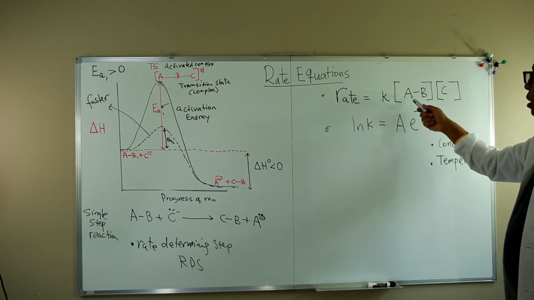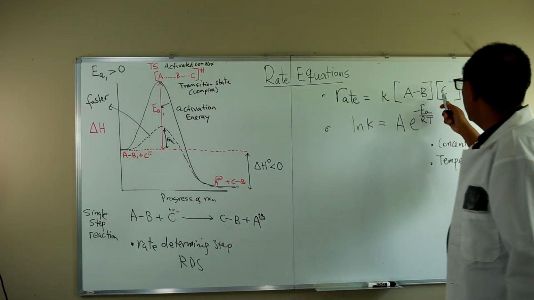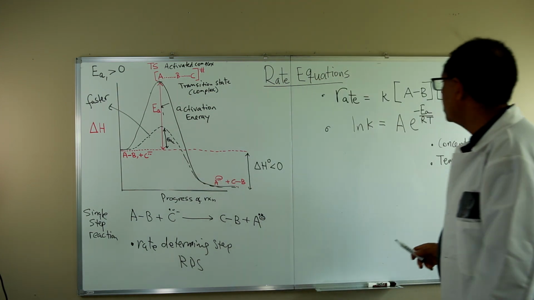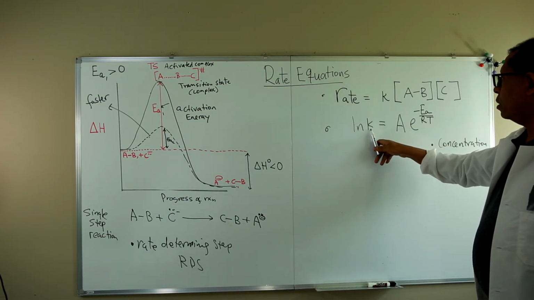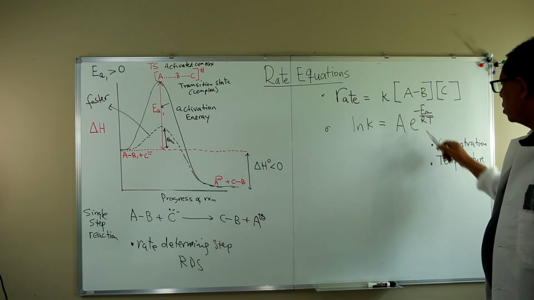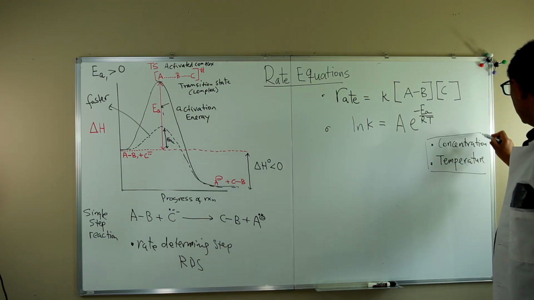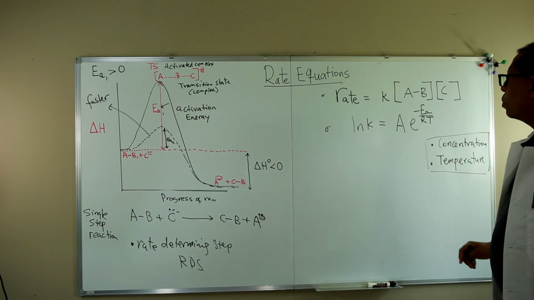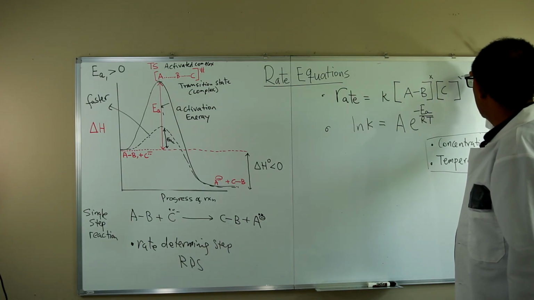Concentration, as you see here, is the concentration of AB, the starting material, and the concentration of C, one of the reactants as well. In this equation, the rate constant k also depends upon how much the activation energy is and at what temperature. So these are the two factors that are important in determining the rate of a reaction, concentration and temperature.